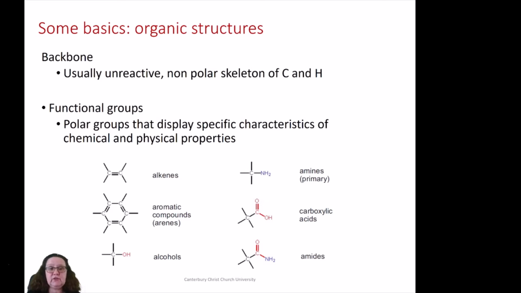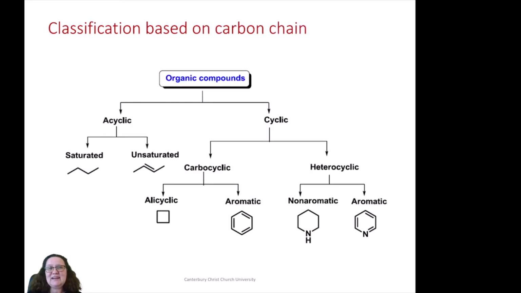You have here some examples of functional groups: double bonds, a hydroxyl group, an amino group, a carboxylic acid, carboxylate group, or an amide group. You can classify organic compounds according to their backbone, according to their carbon chain.